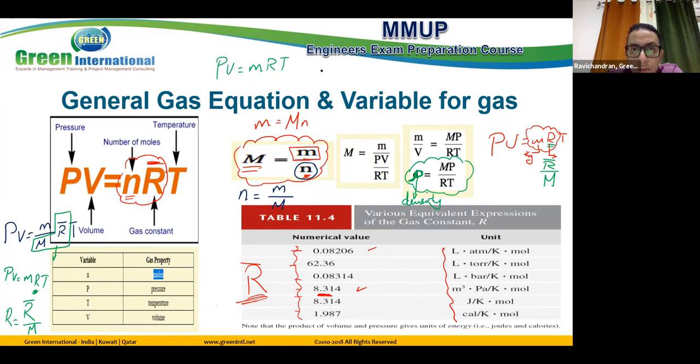So if we get mass over volume on one side, what is remaining? The V goes here, so I take it in another way: m over V equal P over RT. So what is m over V? This is density, which is equal to P over RT. So we have another relation, density, coming from this equation. This density for the gas is equal to P over RT.